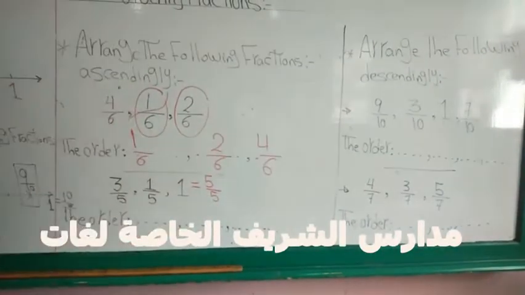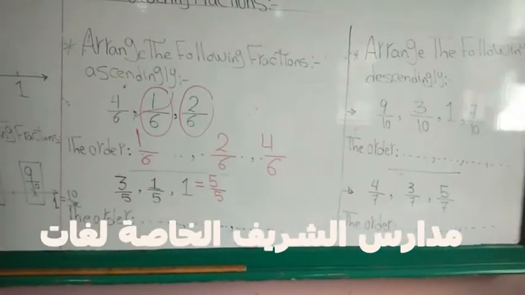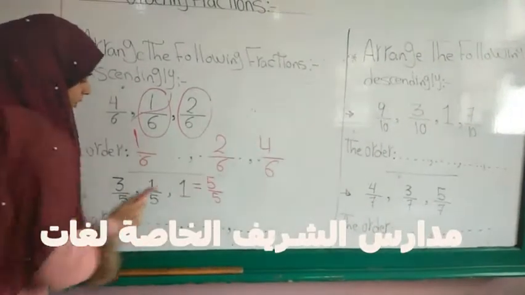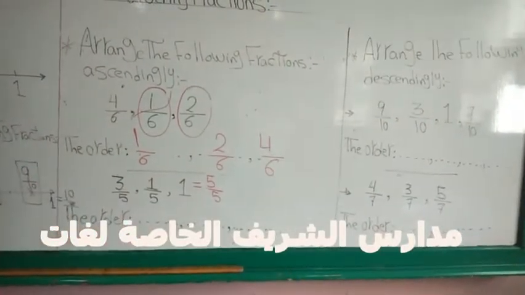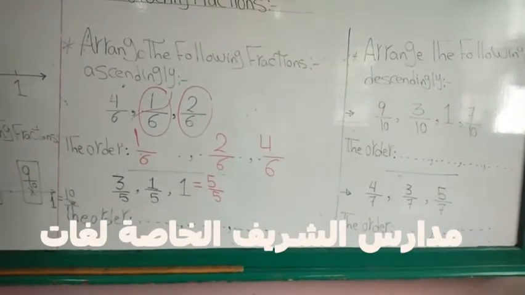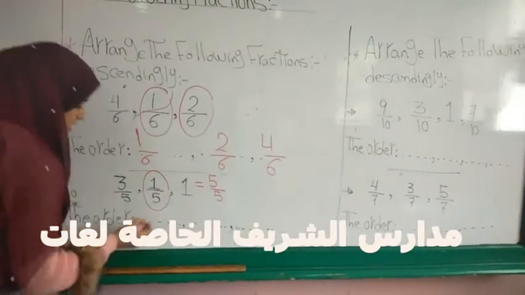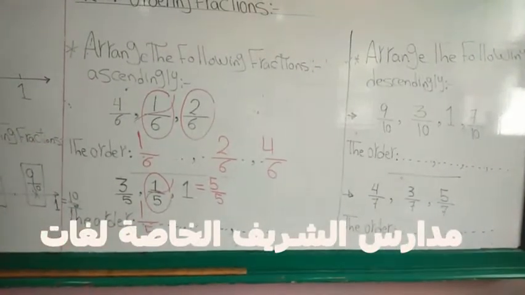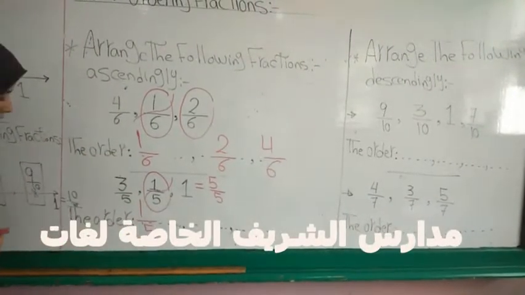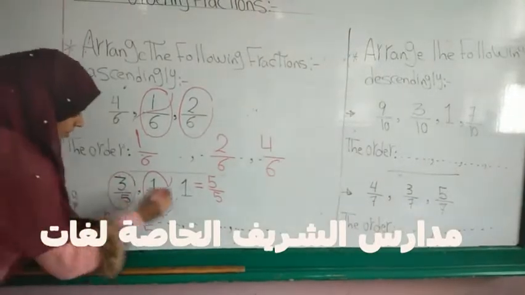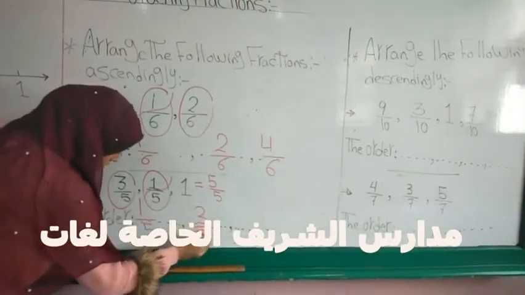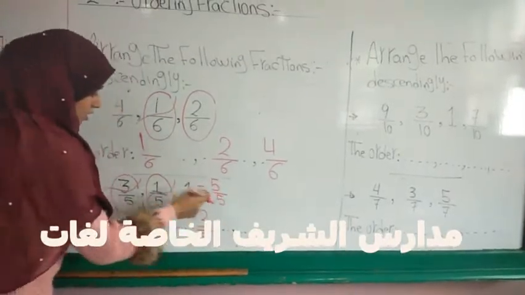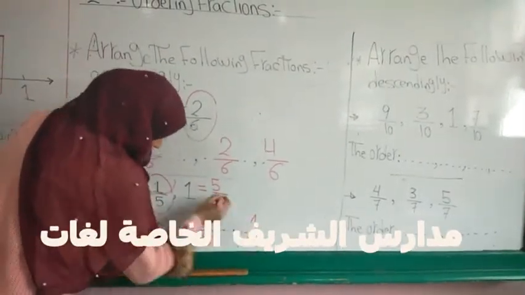Now we have the same denominators, so look at the numerator. 3, 1, or 5, 1 is the smallest numerator, so 1/5 is the smallest fraction, and cancel it. Now 3/5 or 5/5, 3/5 is smaller than 5/5. Now we can write 1, not 5/5.